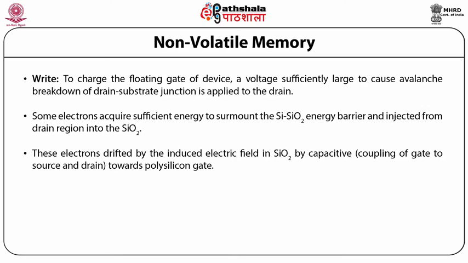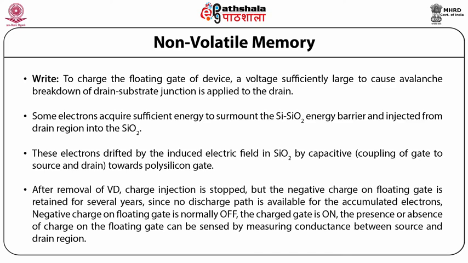So the floating gate accumulates the negative charge, which is a function of the amplitude and duration of Vd. After the removal of Vd, charge injection is stopped, but the negative charge on the floating gate is retained for several years, since no discharge path is available for the accumulated electrons.